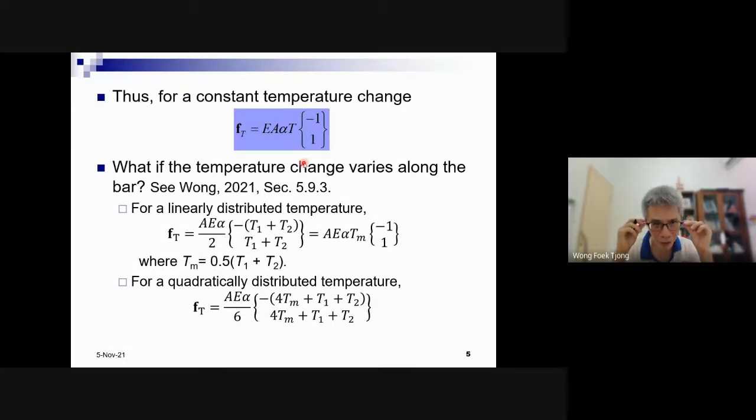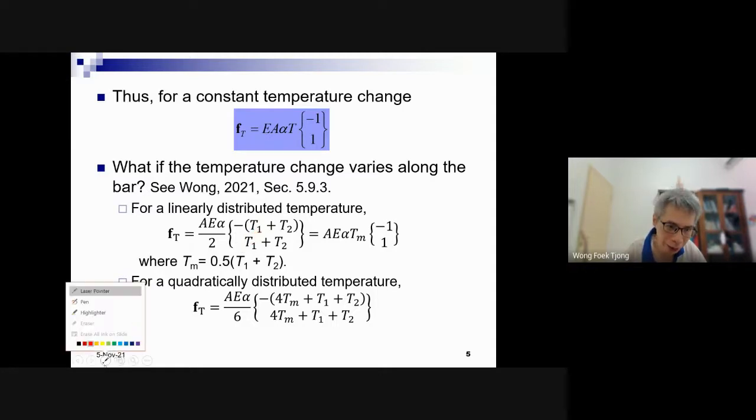Of course, the situation can be more complicated than a constant distribution. Let's say the temperature change varies along the bar, a linearly distributed temperature. Well, we can prove that the equivalent nodal force is given by this formula. The T1 here is the temperature at node 1. Let me sketch the situation. This is our bar element. This is node 1, this is node 2.